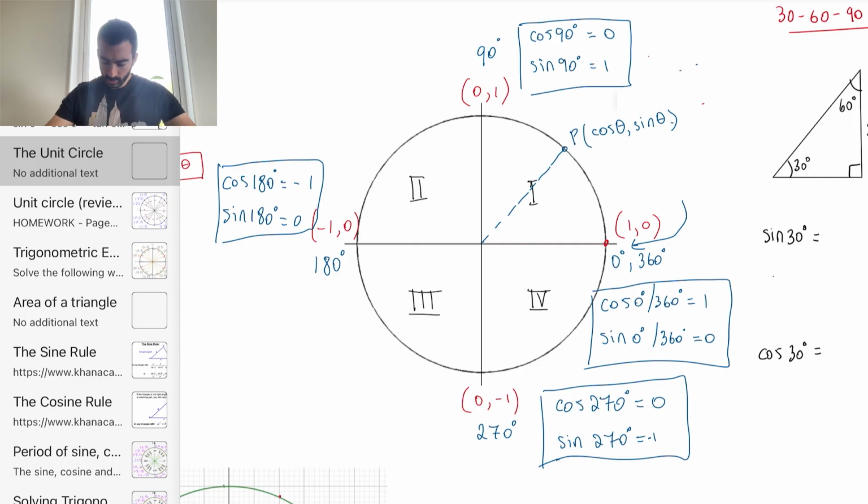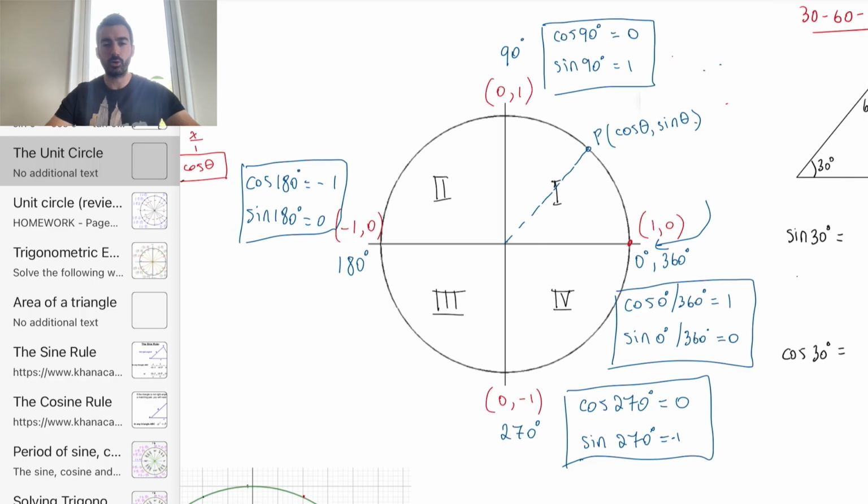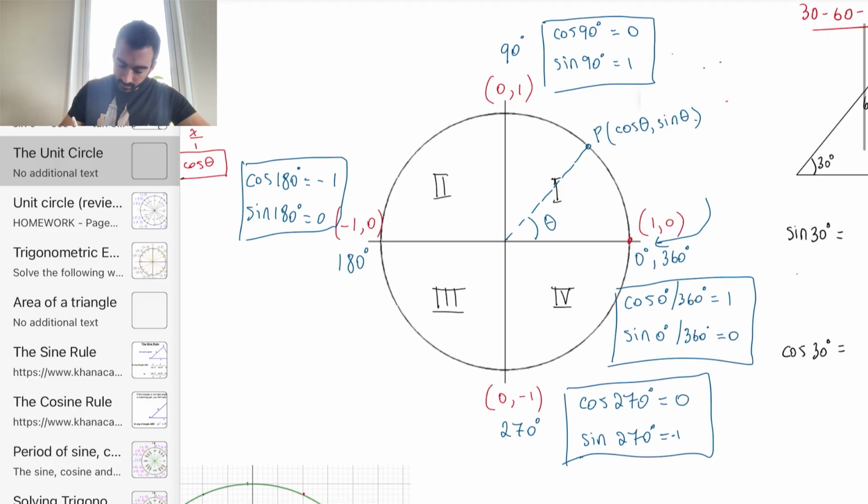Again, I will remind you that we go anti-clockwise when it comes to the unit circle. So, for example, if this is 30 degrees, or let's say theta degrees, if we have the same point here, which I will call Q, and then we have the equivalent angle over here, theta.